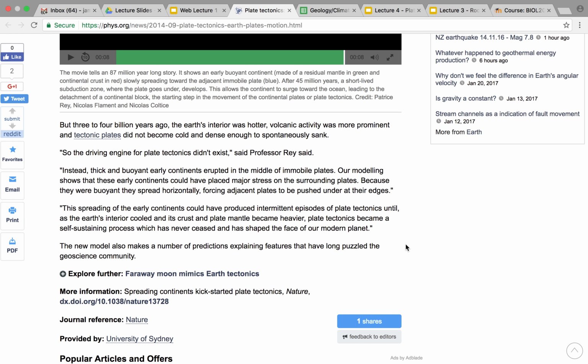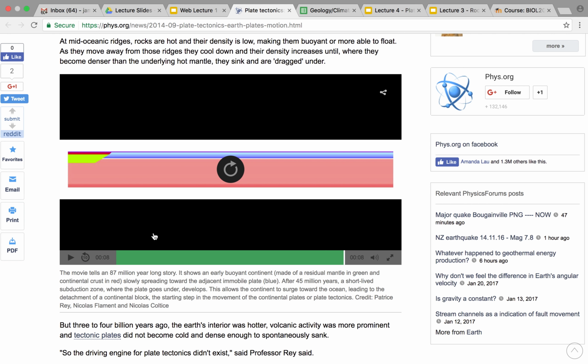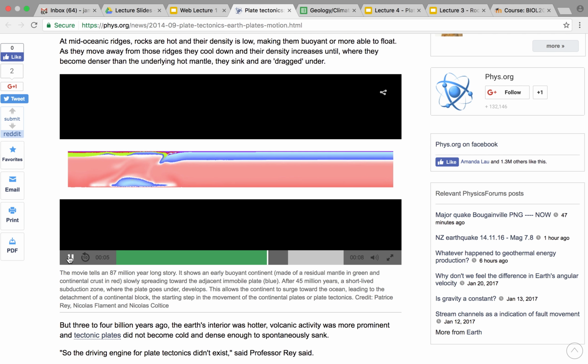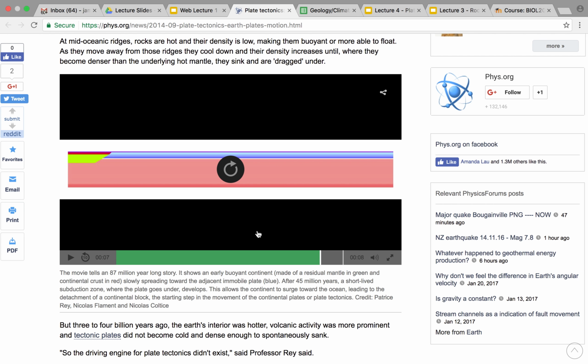And let me just mention a key to plate tectonics, which you can see in this video, and which is something we should talk about here, is differing densities of rocks. In order for subduction zones to set up and to be self-sustaining, there's got to be a difference in density.